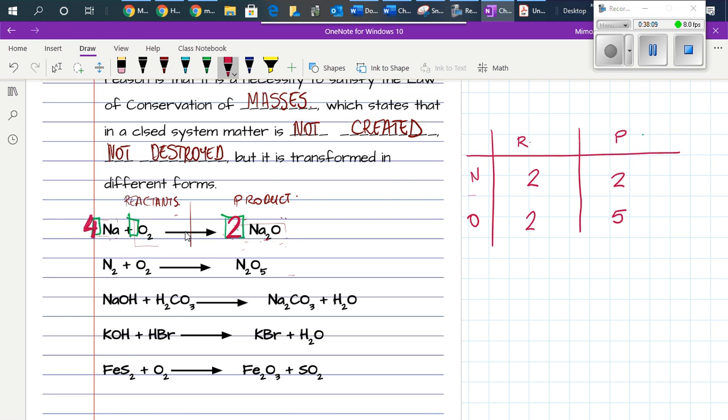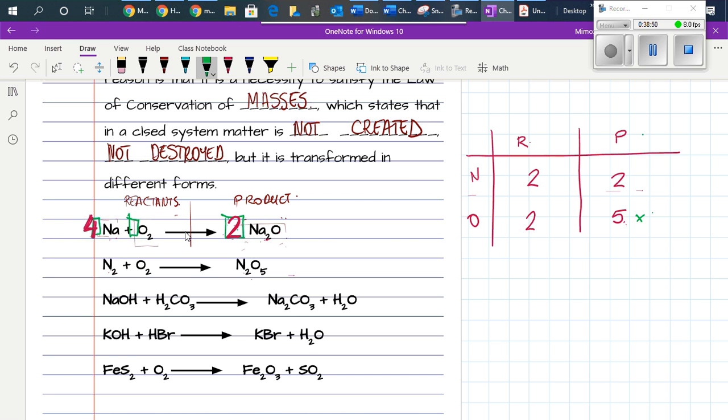Now, as you see here, nitrogen is balanced because we have the same number of atoms on both sides of the reaction, on the reactant and on the product side. However, oxygen is not balanced. A tip that I use when I see numbers like 2 and 5: it doesn't matter how many times you work with 2, you cannot make it 5 by multiplying or dividing it by whole numbers.